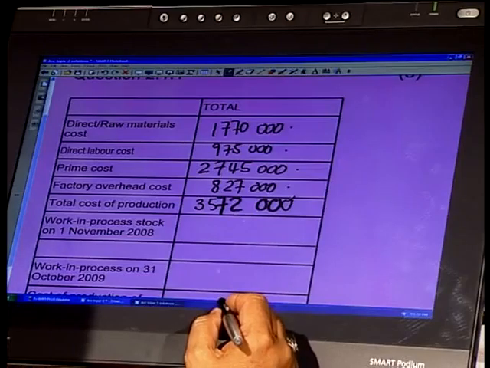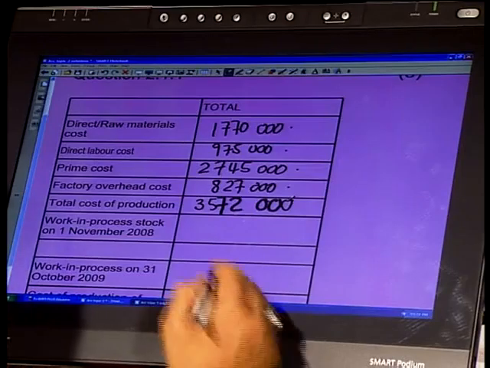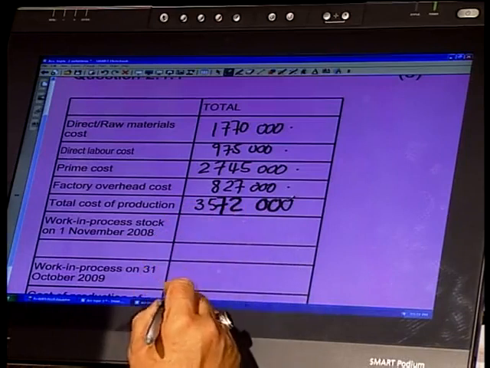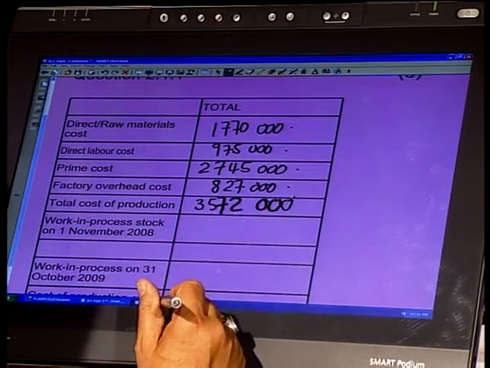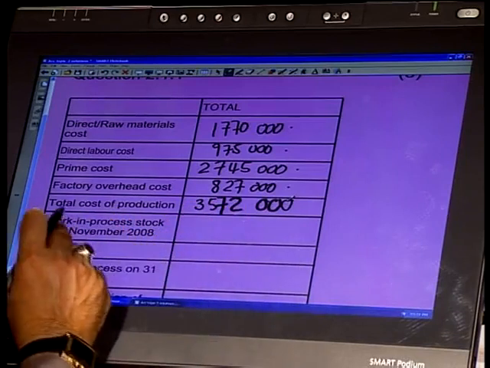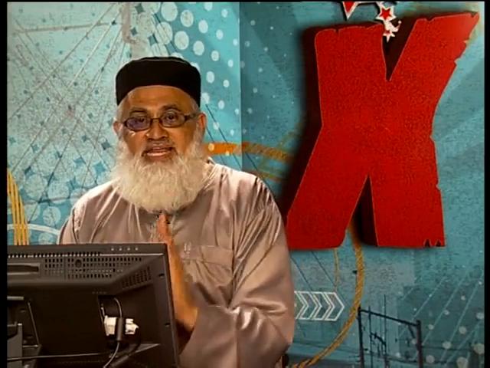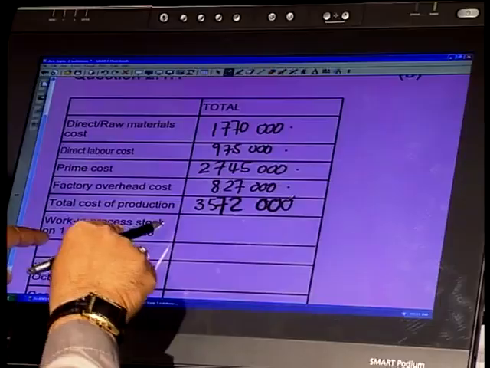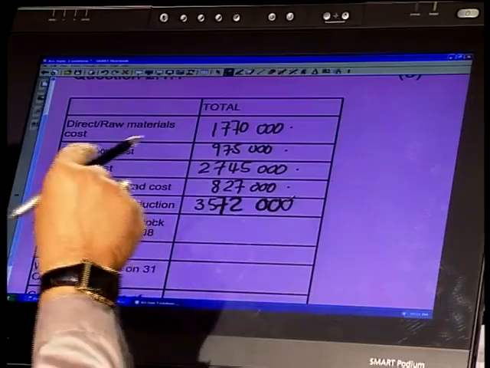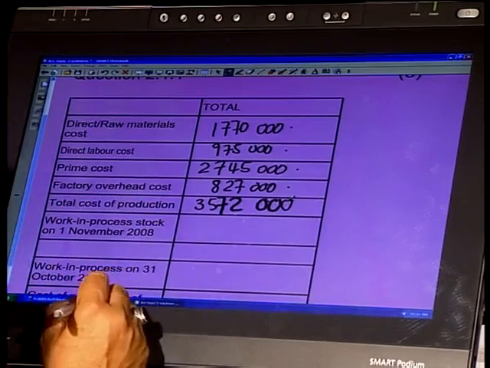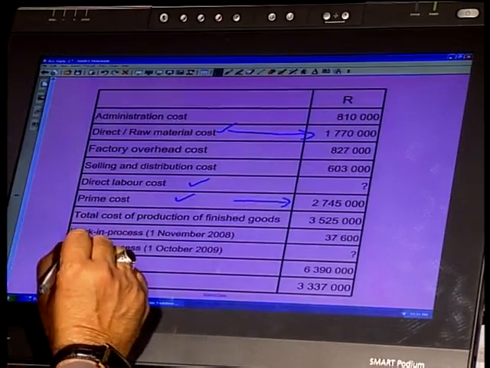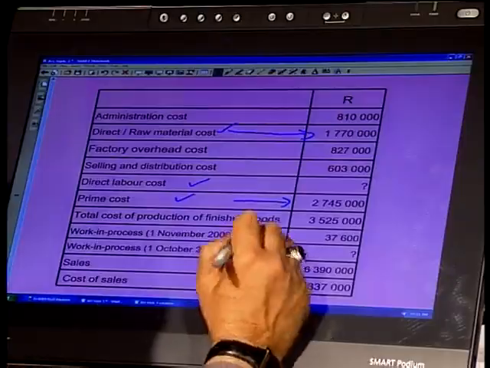And where did I get that figure from? By adding my prime cost plus my factory overheads to give me 3,572,000. Next one, what do I need? Now obviously, what can you see from this here? If your format is done, immediately it becomes so much easier for you to find the figures that you are looking for, because you focus.